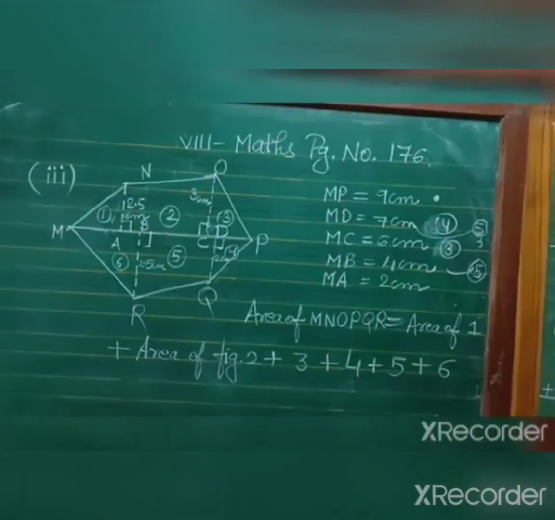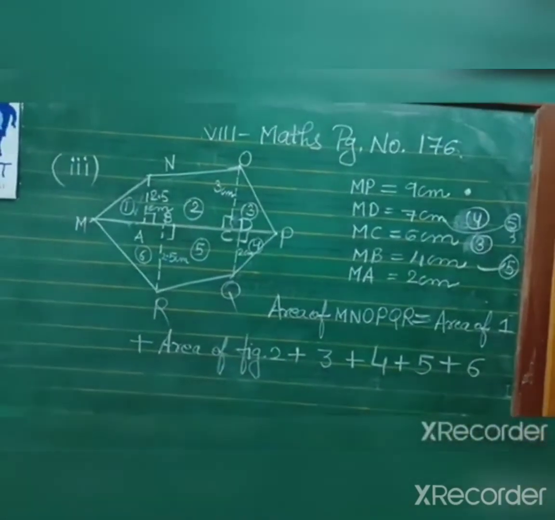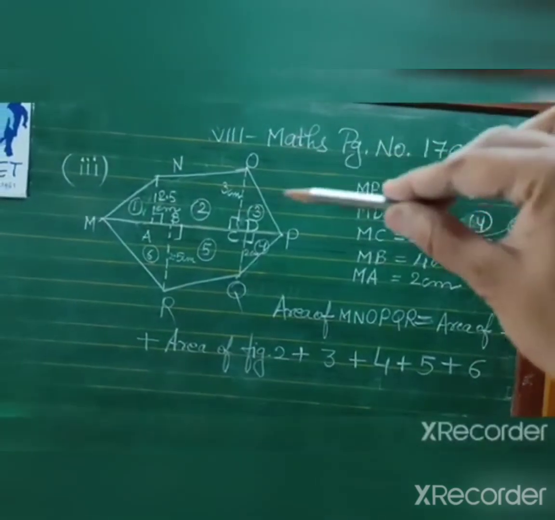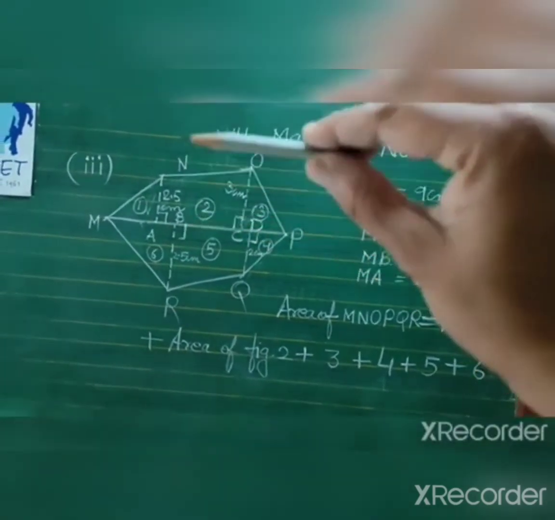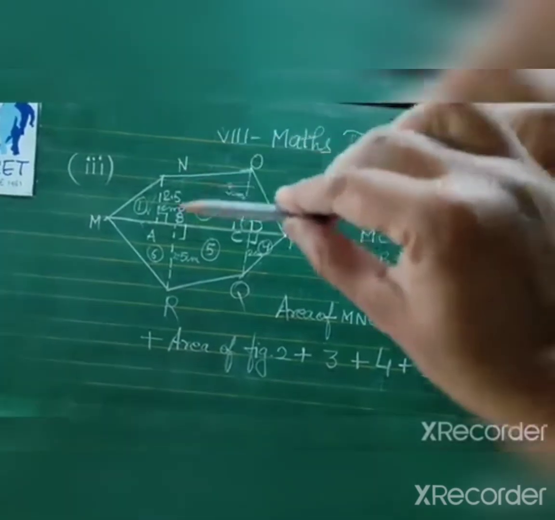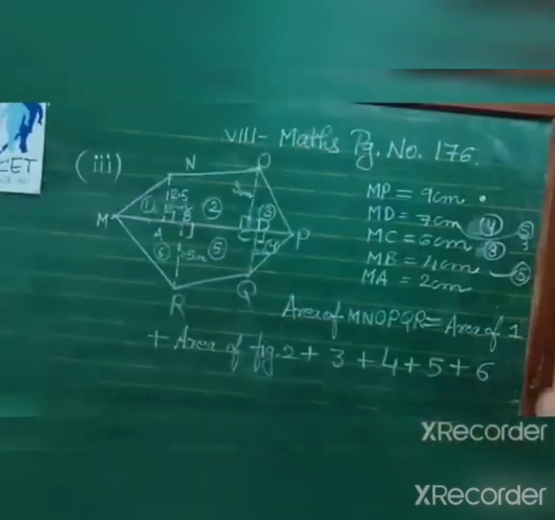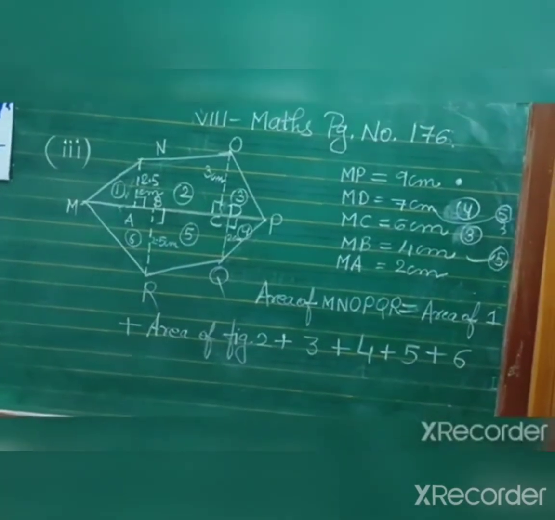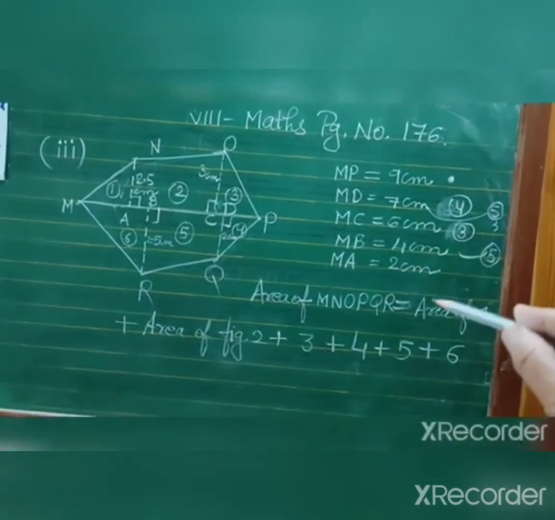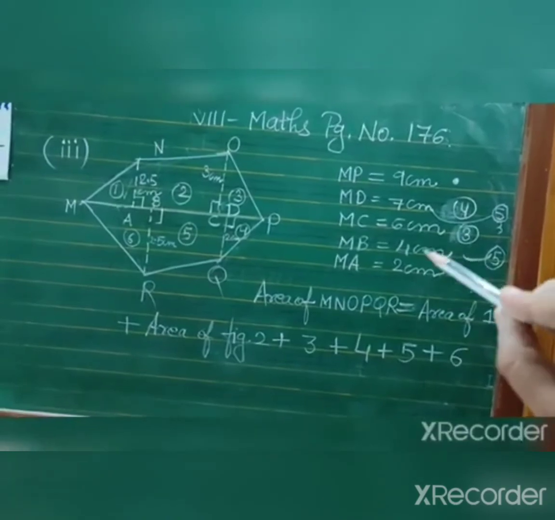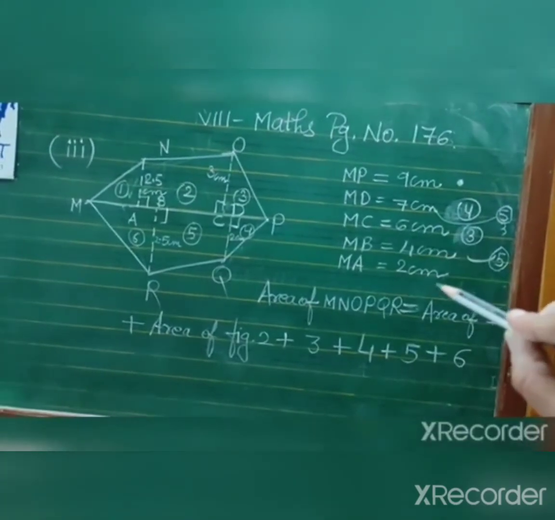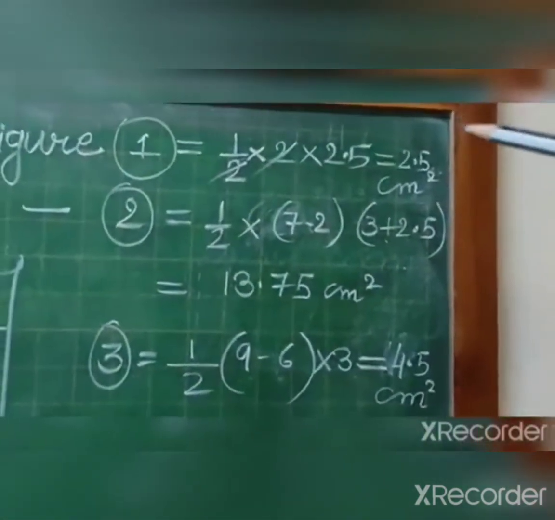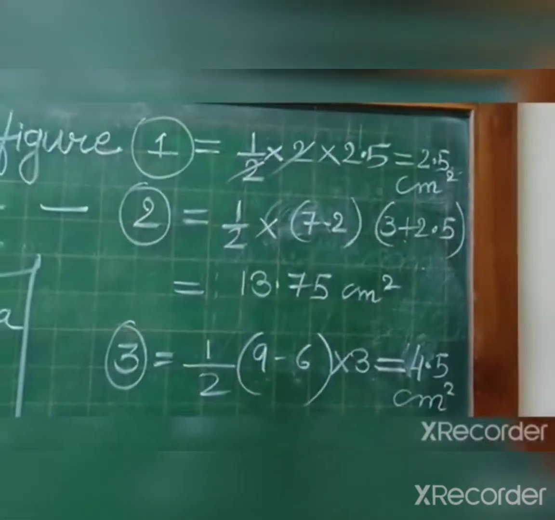In short, I am giving you a hint only and I am solving. Area of figure number 2, area of figure number 3, then 4, then 5 and then 6. Now area of figure number 1, you can see base MA and height 2.5. So 2 into 2.5 divided by 2, 2.5 centimeter square.